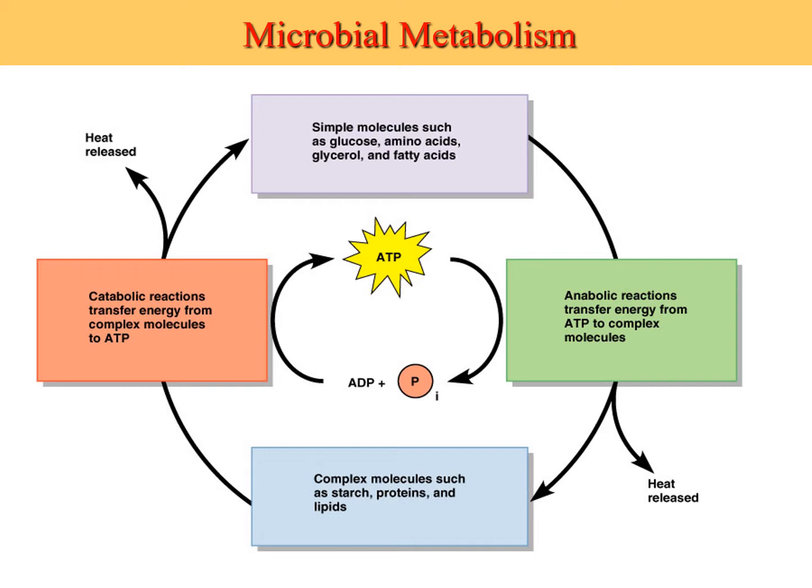Here, energy is getting released from ATP, so you get ADP plus free phosphate, and the energy is being transferred into more complex molecules. As I talked about earlier, glucose can be used to make more complex carbohydrates, in this case starch, a polysaccharide. Amino acids can be used to make proteins, and glycerol and fatty acids can be used to make lipids. I mentioned specifically triglycerides, but other lipids also.